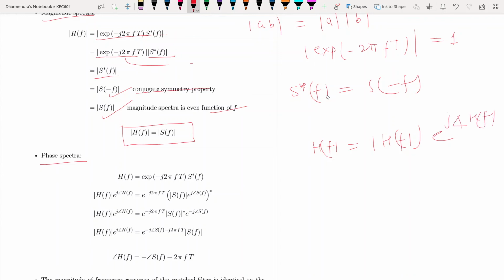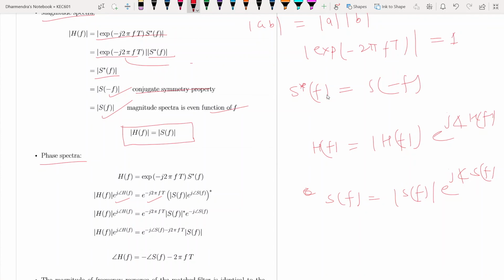Sometimes I write e power, sometimes exp, for convenience; both are the same thing, representing the exponential. Similarly, S of f can be written as the magnitude of S of f times exponential j angle of S of f. Okay, so conjugate.